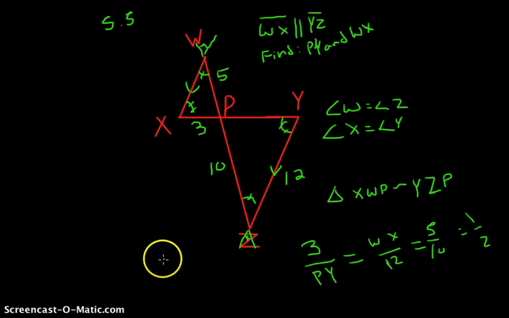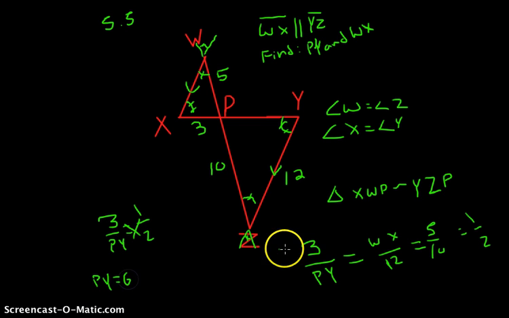So 3 over PY is equal to 1/2. Then you just cross multiply, so PY is equal to 6. And you do the same for WX, and you get WX is equal to 6 as well. So just remember, when you see parallel lines, think equal angles, because it's important for similarity.